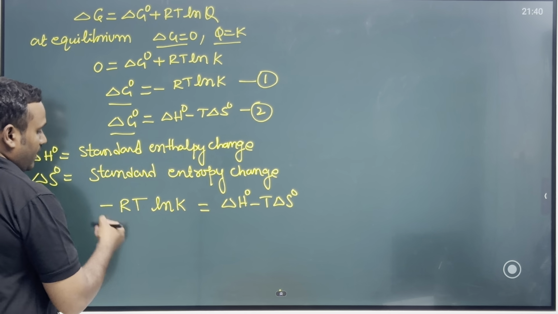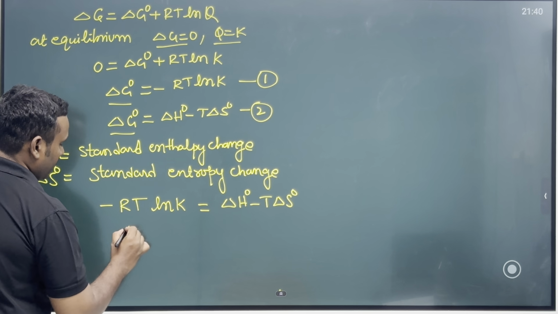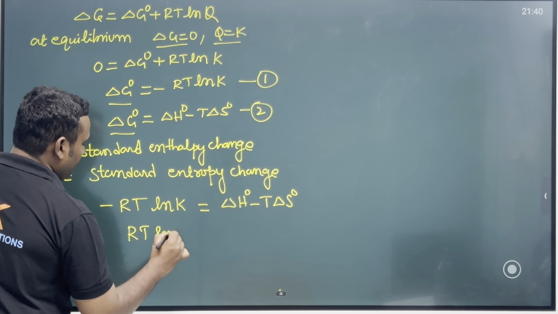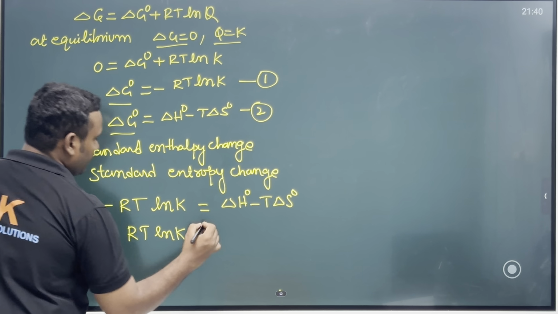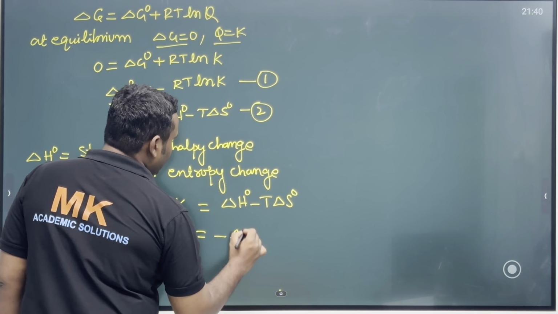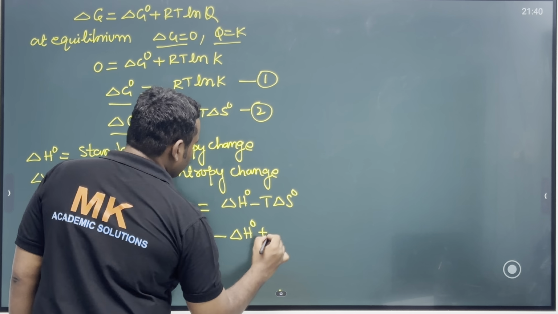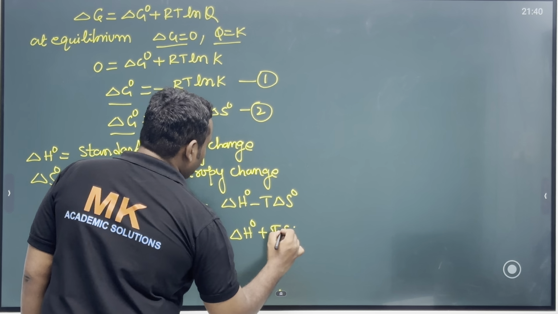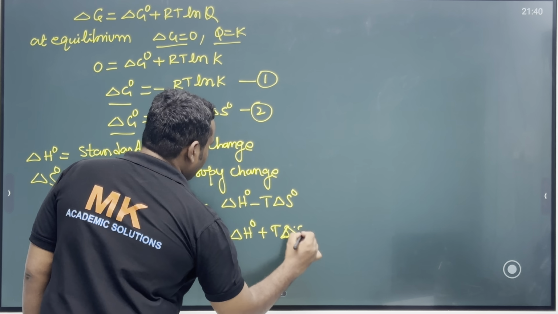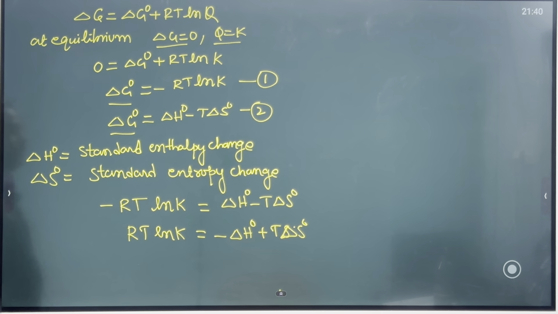Here the minus sign, you send that side, and it will become RT ln K is equal to minus delta H naught plus T delta S naught.